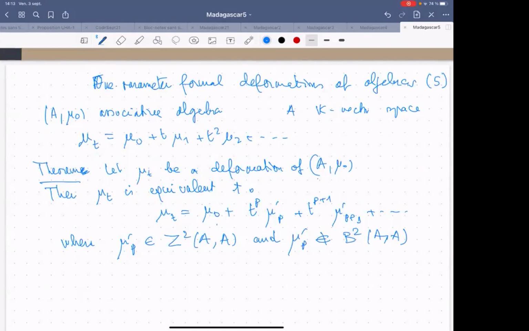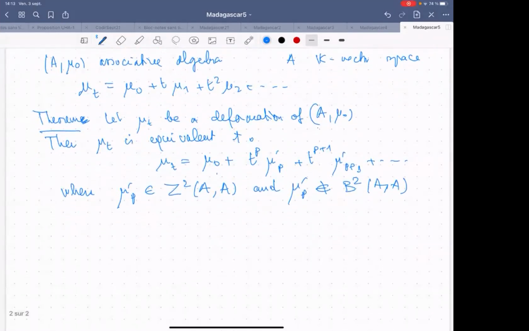Then we can always write this, and we have an immediate corollary of this, and a very important one.